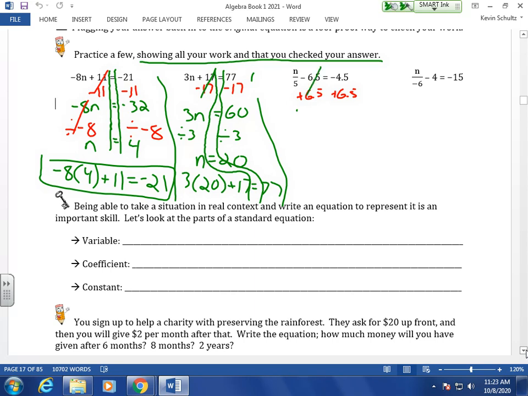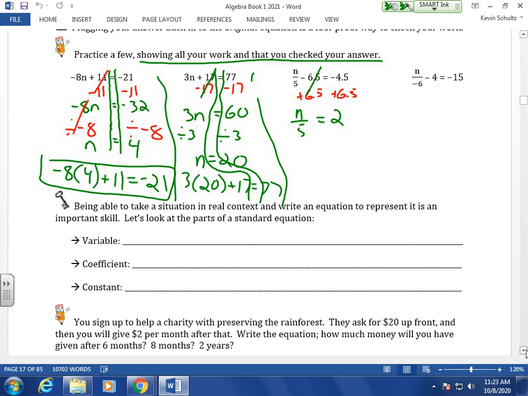They cancel out, and n divided by 5 equals positive 2. If you wrote negative 11, you went the wrong direction here. Negative 4.5 plus 6.5, you're going to the right. From negative 4.5, you end at positive 2. So n over 5 equals 2.